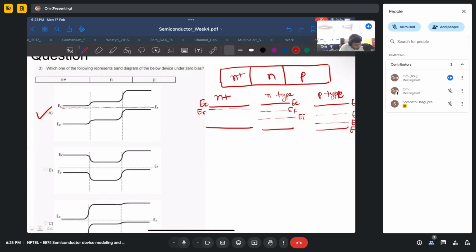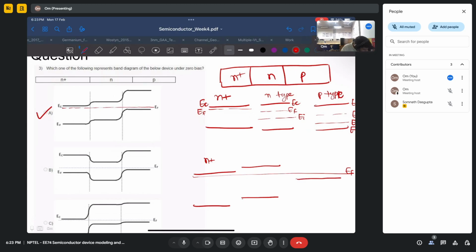In equilibrium, EF is constant. So this will be N plus, this will be N-type somewhere like this, and this will be P-type where EV is close to EF. So this is how your band diagram would look like, N plus, N and P. Is this clear?